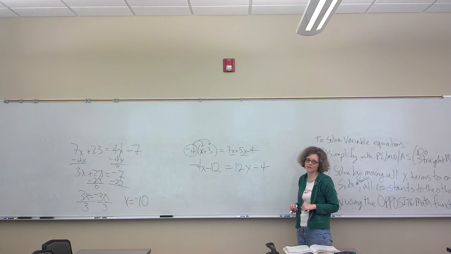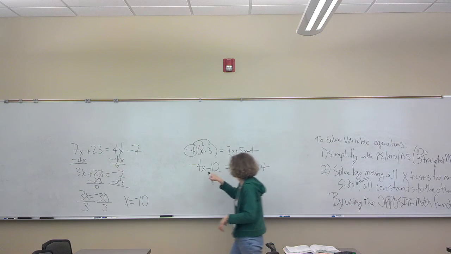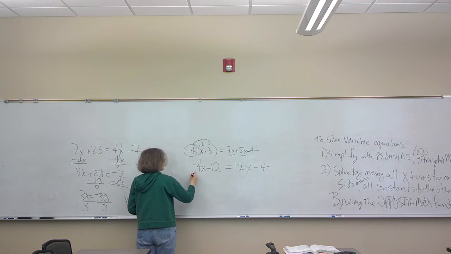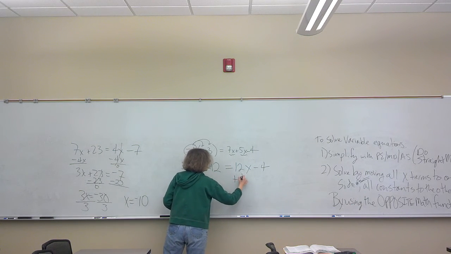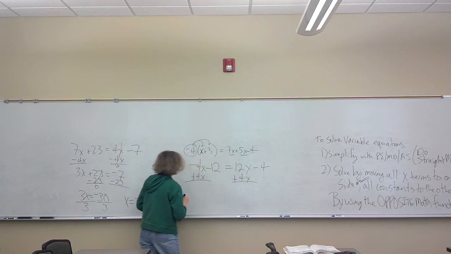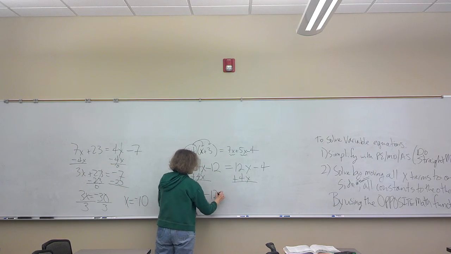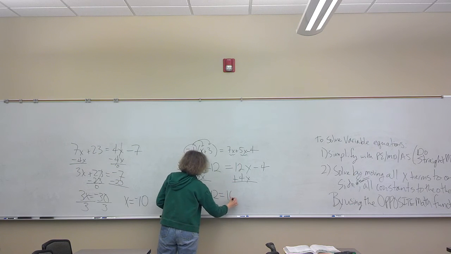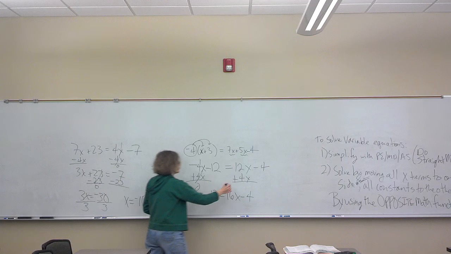So here is where I start doing the opposite thing. I'm going to move this 4. It's a minus 4, so I'm going to do the opposite and add it. And I have to do it over here too to be fair. So this is gone. So I got the negative 12 on this side equals 16x and the minus 4.